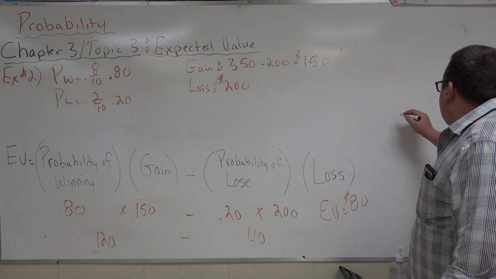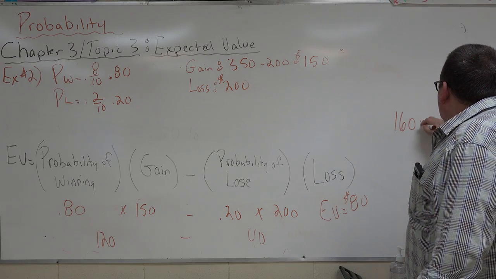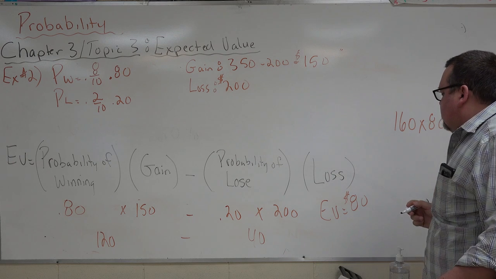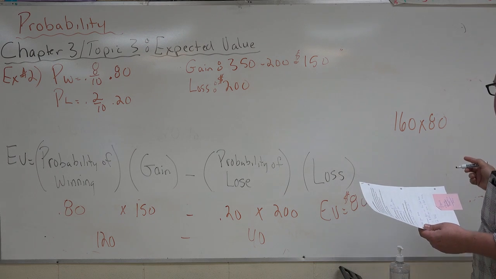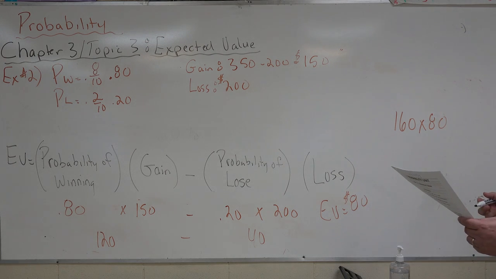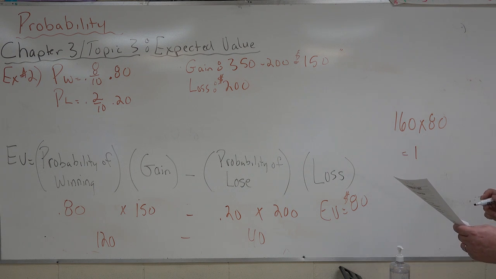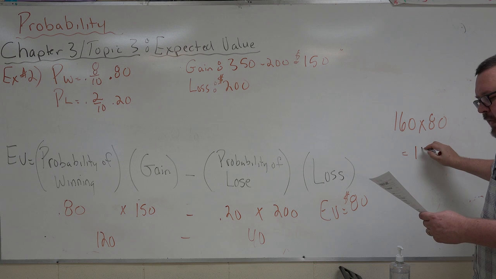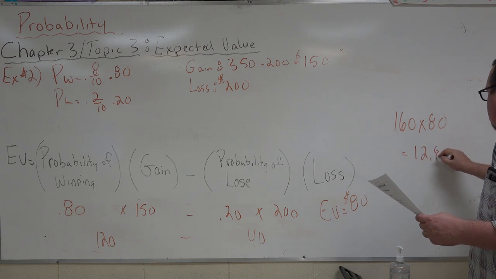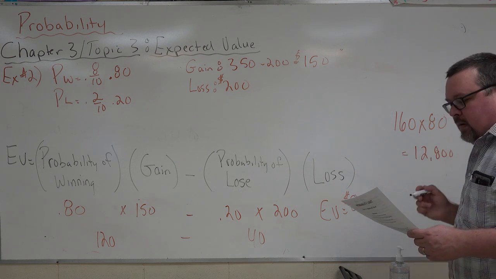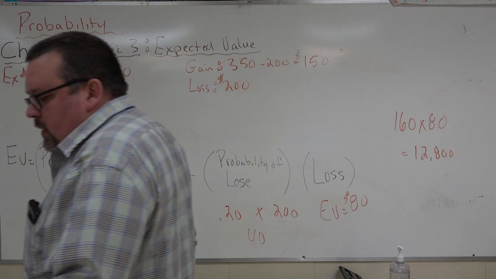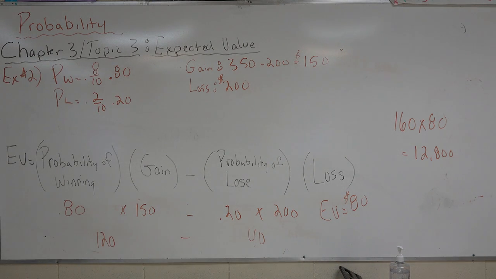Here's what you do. You take your 160 acres times your $80 per acre, and he will make $12,800. Well, he won't lose, he'll actually make money.